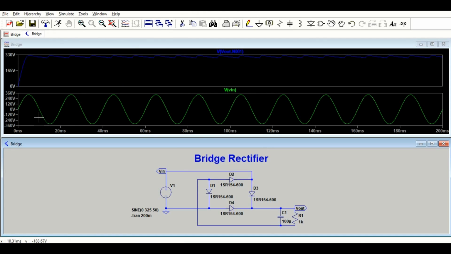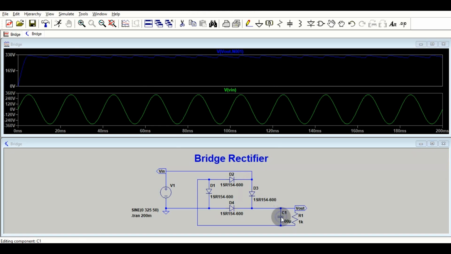You can see now we have sinusoidal input voltage, and we have pure DC with some ripple voltage. So you can see from here this is 322, and if you see here this is 303, this is around 300. So you have 22-volt ripple at your output.